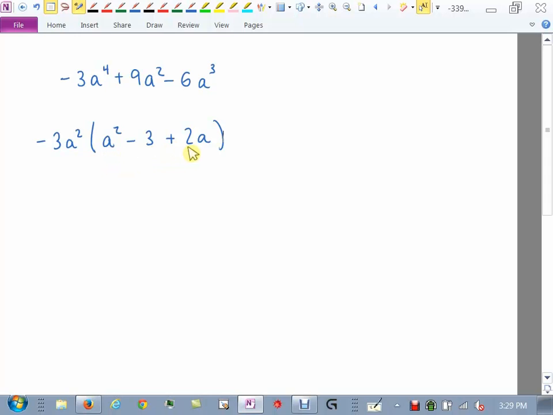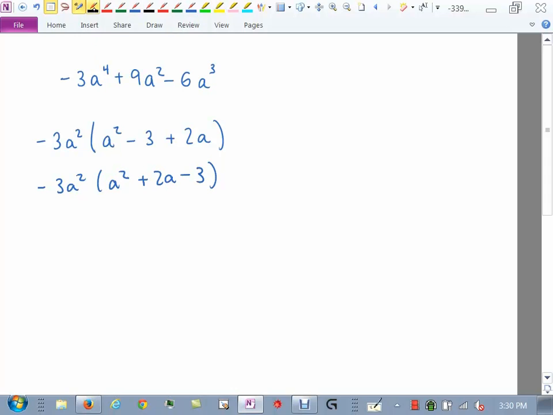Now, what's in the parentheses has how many terms? 3. 3 terms means AC method. What you have to do first, though, is put it in descending order. So I have to rearrange this, highest power of the variable down.